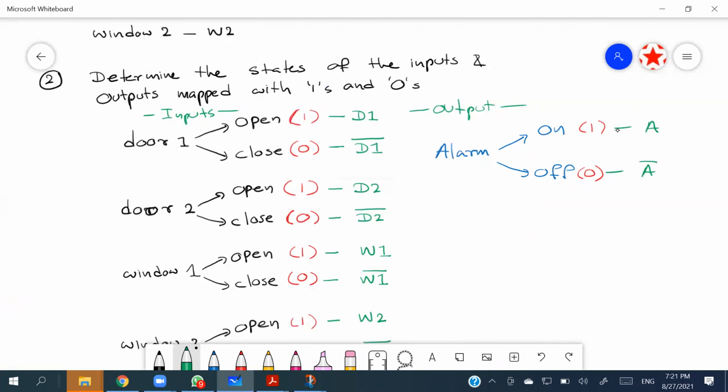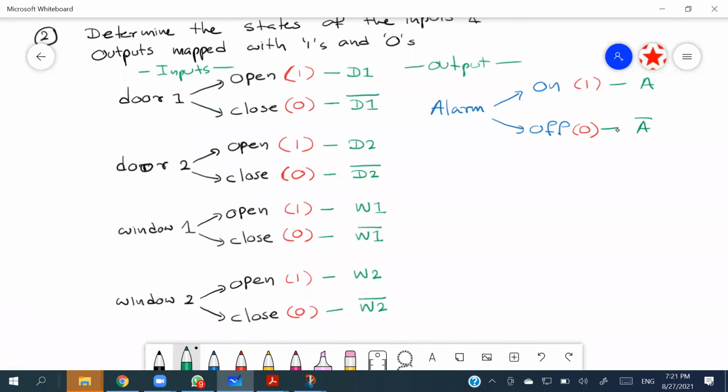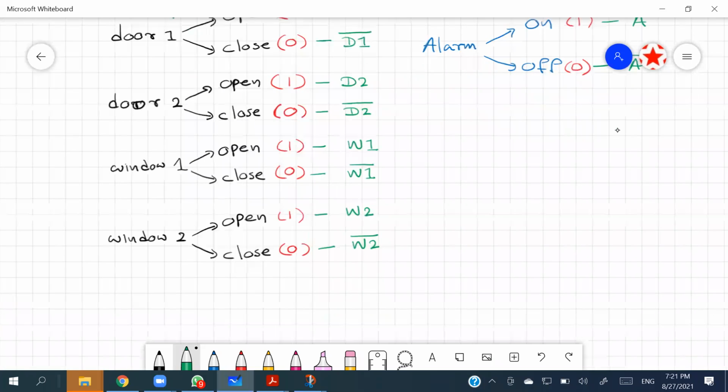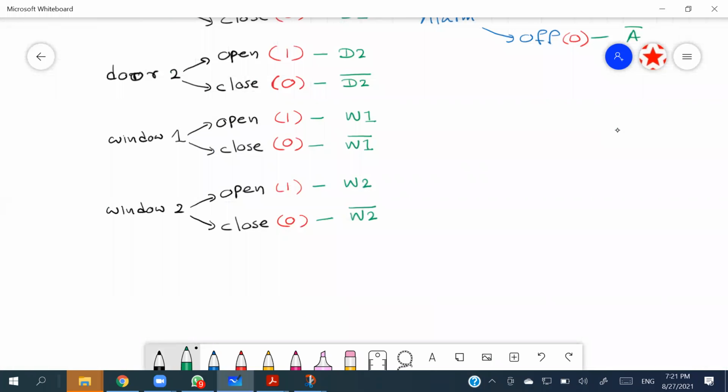Now, here comes the important part, right? Once you figure this out, the very last thing that you have to do is write an expression just to indicate how the output behaves according to the input, right? It's your own expression, in very simple terms.